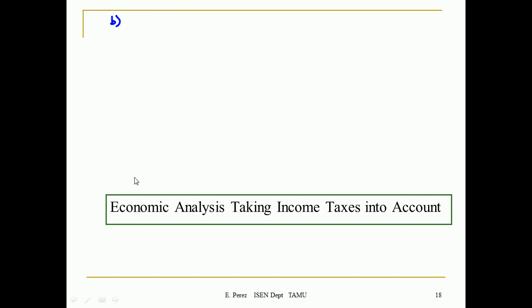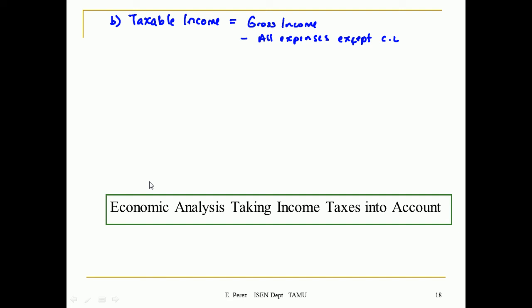So to get that, again, you need to find out what is the taxable income. And that will be equal to the gross income minus all expenses except capital expenditure minus the depreciation charges, so that will be equal to your taxable income.